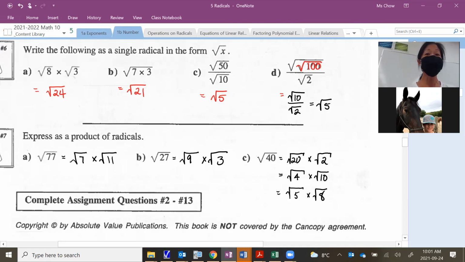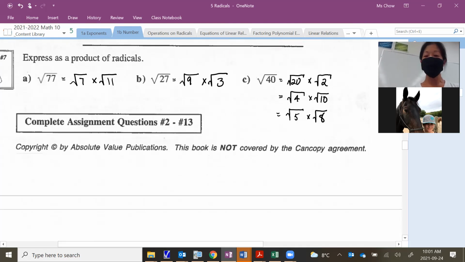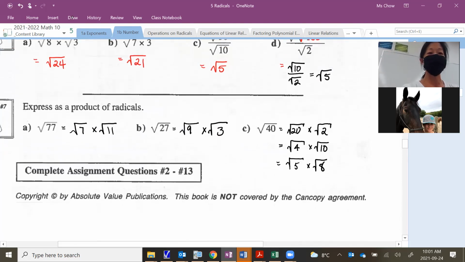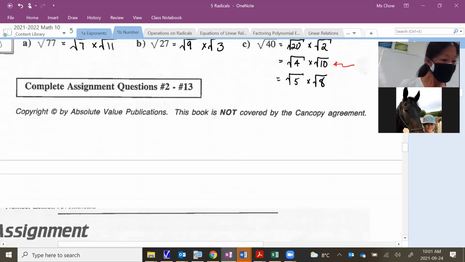Awesome. Nice. So all of those are good. And when we get to tomorrow's lesson, I will tell you this is going to be our best one. These are all good. This is the best one, root 4 times root 10.